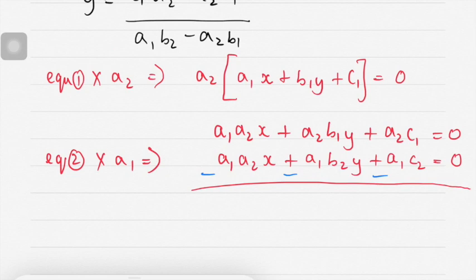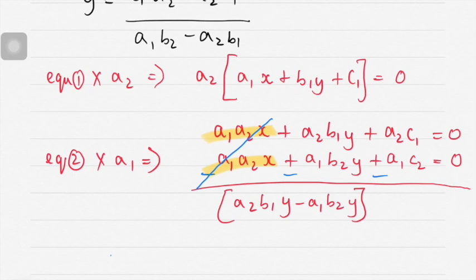Now a1a2x minus a1a2x, that you can cancel, correct? So I'll cancel this. Now a2b1y and a1b2y: a2b1y minus a1b2y you are supposed to do, so I'll write it as it is, a2b1y minus a1b2y.